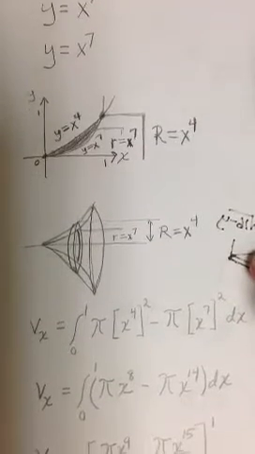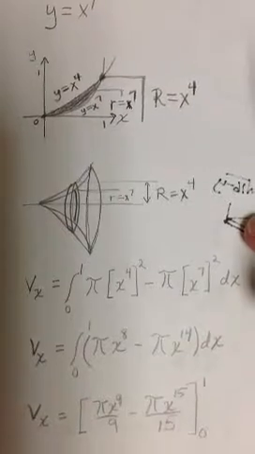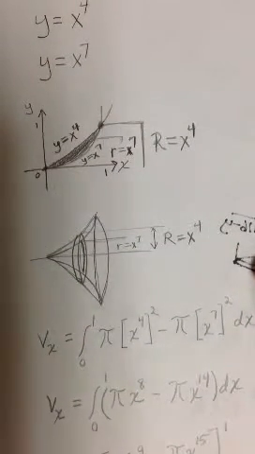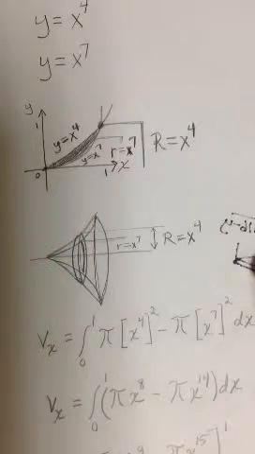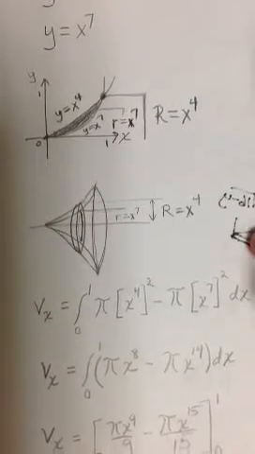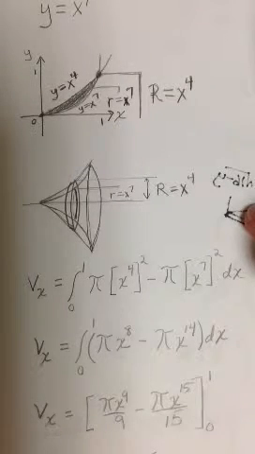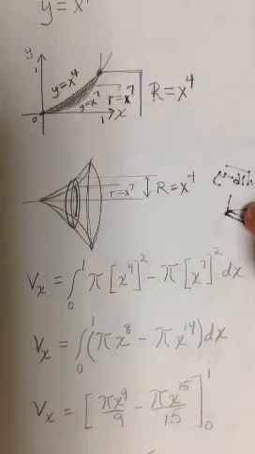And again we're going from x is equal to 0 to x is equal to 1. In squaring both x to the 4th and x to the 7th, and multiplying both results by pi, we have V of x is equal to pi times x to the 8th minus pi times x to the 14th dx, as x goes from 0 to 1.